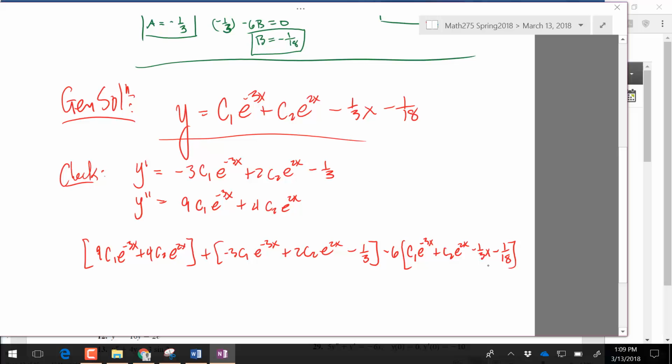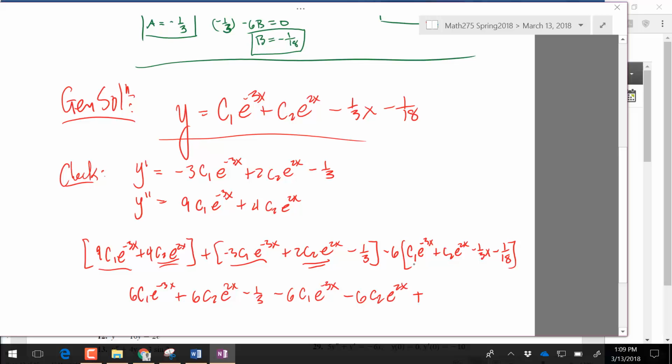All right, so let's distribute some stuff. Let me combine this and then I'll distribute the 6. So we have 9 minus 3 is 6, c1 e to the minus 3x, 6 c2 e to the 2x minus 1/3, and then I'll distribute minus 6 c1 e to the minus 3x minus 6 c2 e to the 2x.